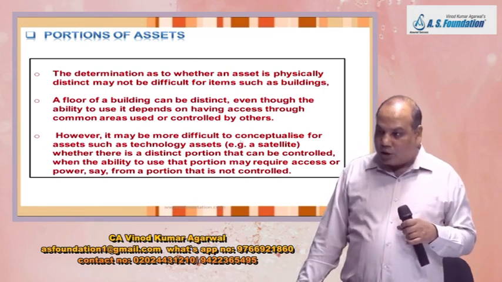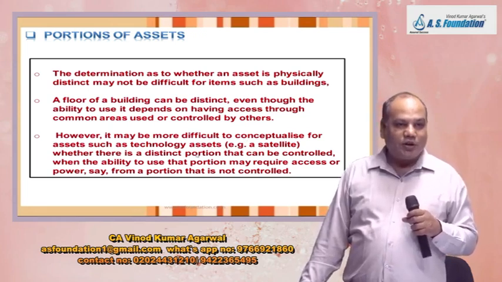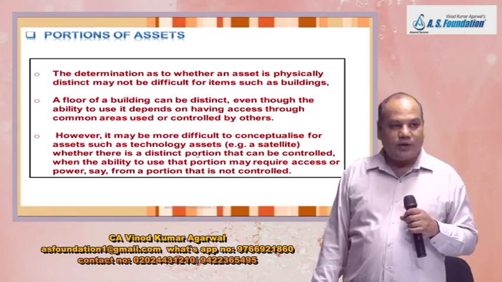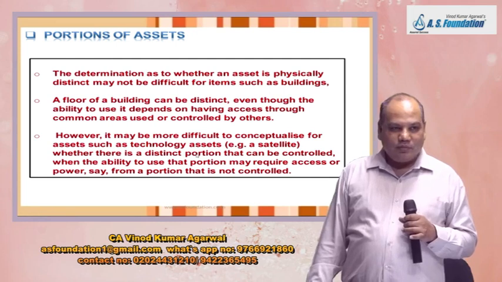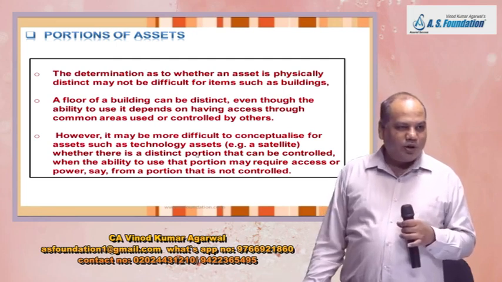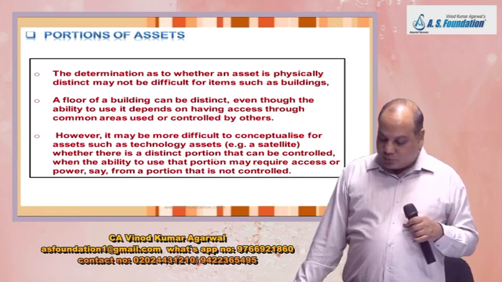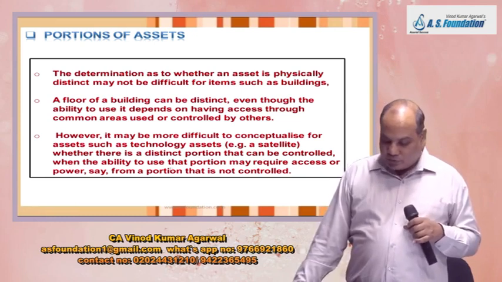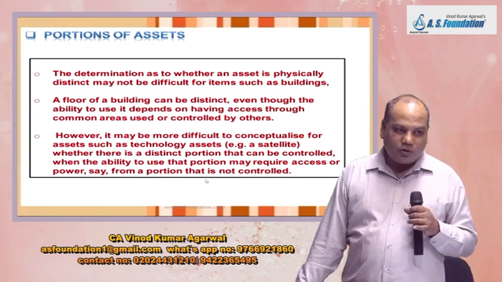However, it may be more difficult to conceptualize for assets such as technology assets, for example, satellites. Satellites are also given on lease because they help you to communicate. Whether there is a distinct portion that can be controlled, when the ability to use that portion may require access or power from a portion that is not controlled.